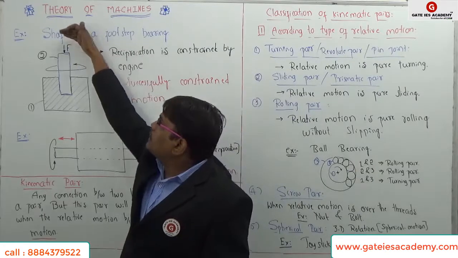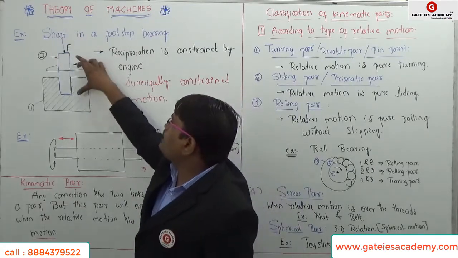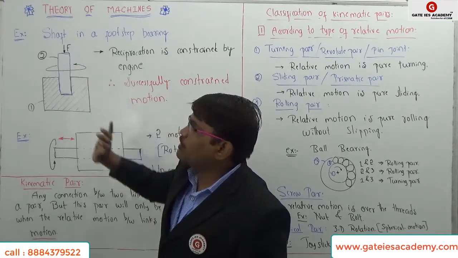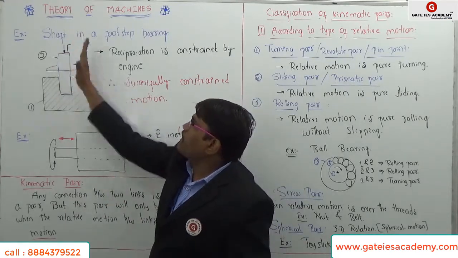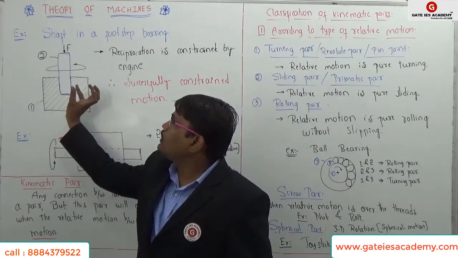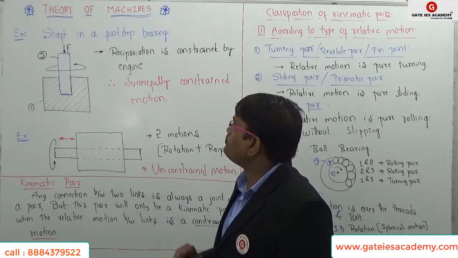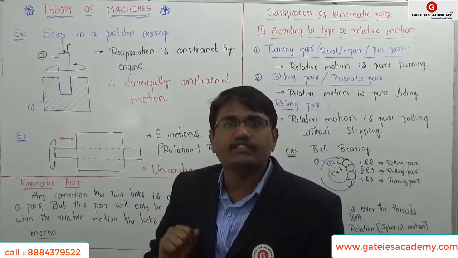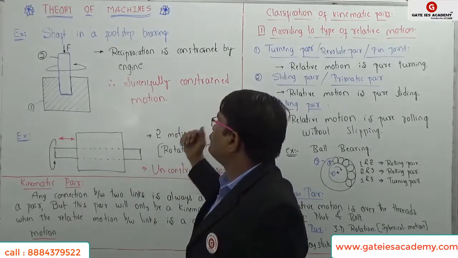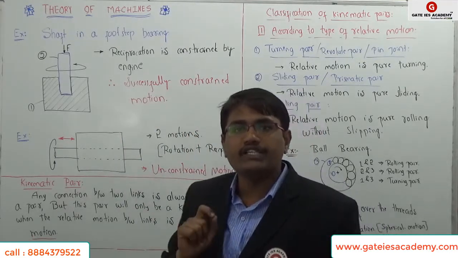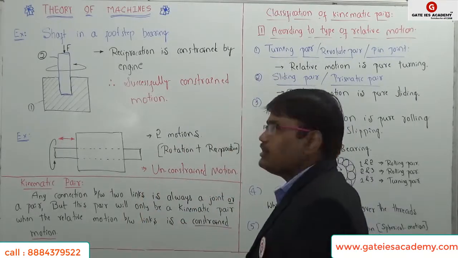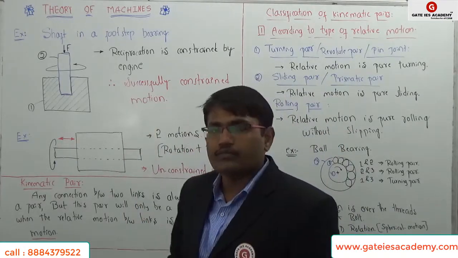The load that is applied by the engine, or the engine that is connected to the shaft, will prevent the reciprocation motion of the shaft, right? So only rotation is there, and as the engine is a third link, this comes under the successfully constrained motion, because the motion is constrained by a third link, some other link that is constraining the motion, right?